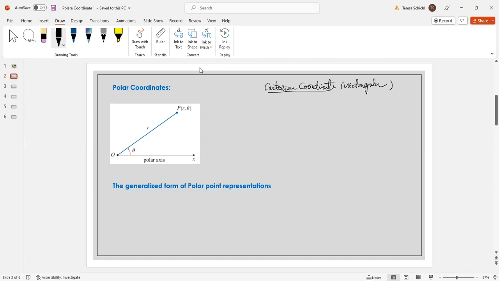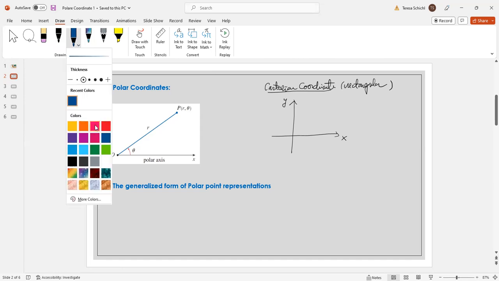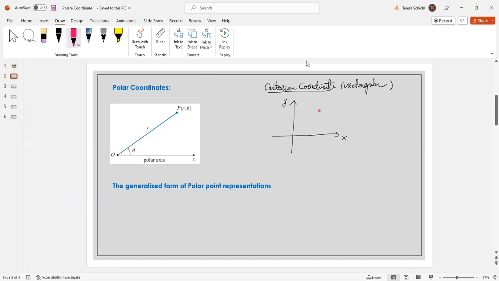This is the typical one we learned when we were young, where we have the x and the y. For any point in the plane, we can always represent this point with x and y. So this is the coordinate plane we are very familiar with. We call this the Cartesian.